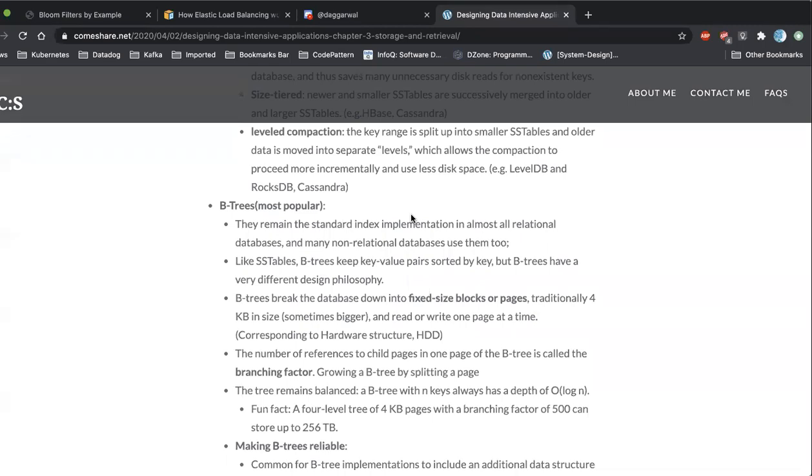In size-tiered, you are merging similar-sized files, so there is no range; there can be overlap between any of them, and you need to search in every file.